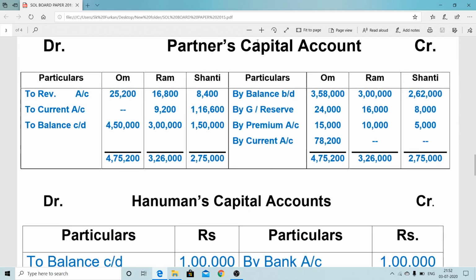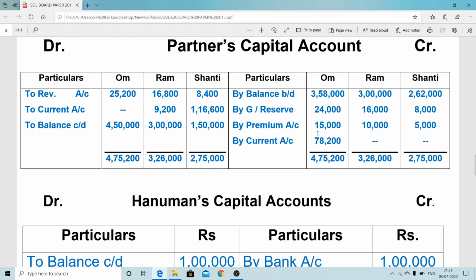Now that is the partners' capital account, we know the rule. First of all, here we are using the columnar method for all 3 partners. Due to lack of space, we cannot draw 4 columns on this side and 4 on this side.